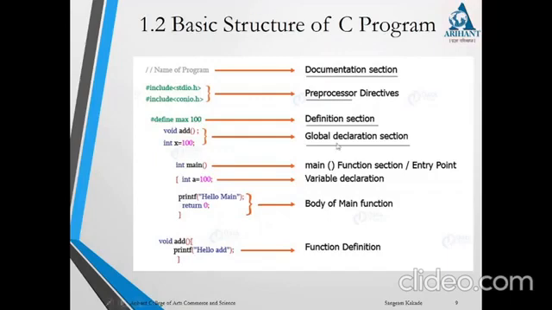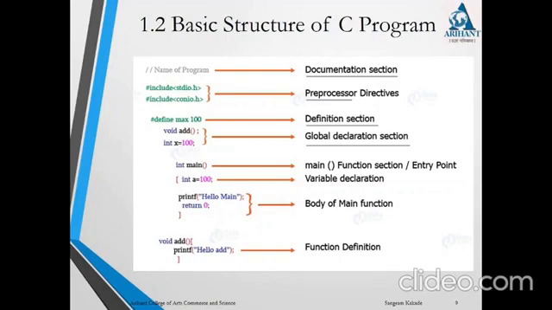Now here in the document section, what we can mention is the name of the program. You can add whatever things you may want, like timestamp, and you can elaborate what the program is doing exactly. If the program is doing addition of float values, you can mention that.